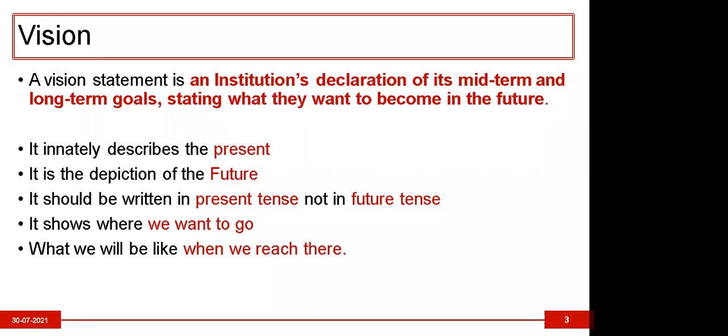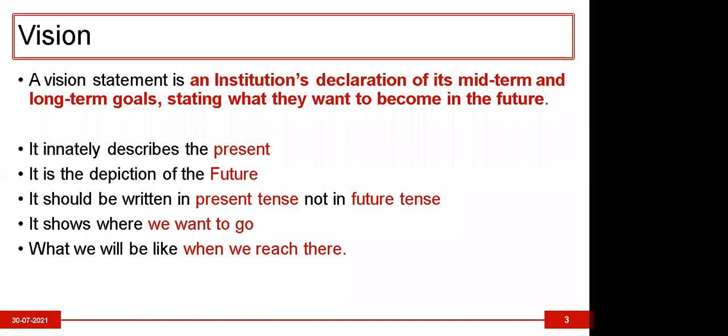And the next one is what you would like to be when you reach that particular position. So how you are going to see yourself is a very important point. And that makes you redefine a new vision statement. Once you reach a particular height, you have achieved certain things, and definitely you want to aim higher. So how you want to see yourself, where you want to stand, that aspect we need to focus on in a vision statement.